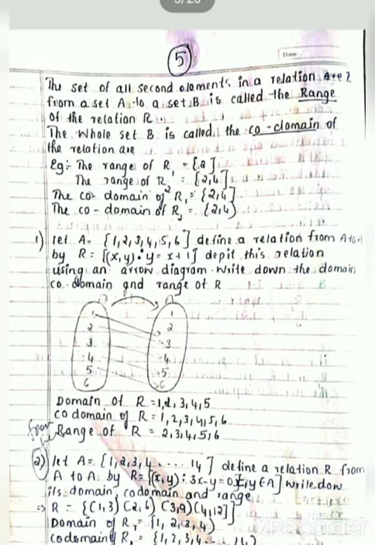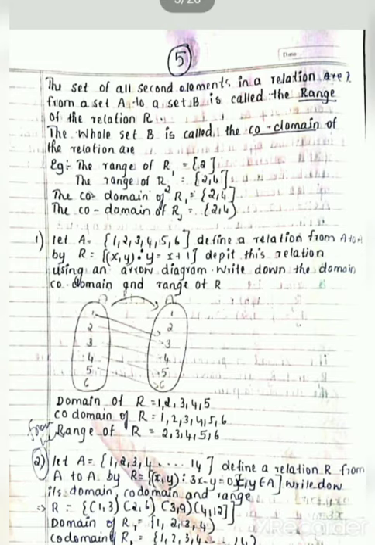Now the relation is the set of all (x, y) such that y = x + 1. So that means y is 1 more than x. So the element from the first set is related to 1 more than that: 1 to 2, 2 to 3, 3 to 4, 4 to 5 and 5 to 6. So now, what is the domain?